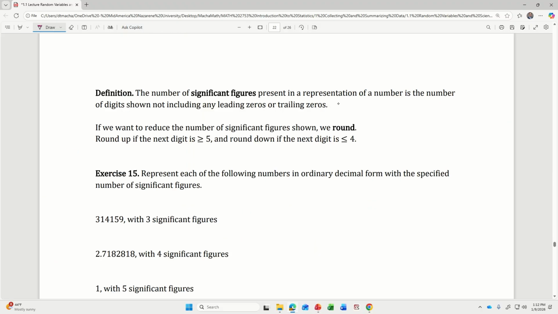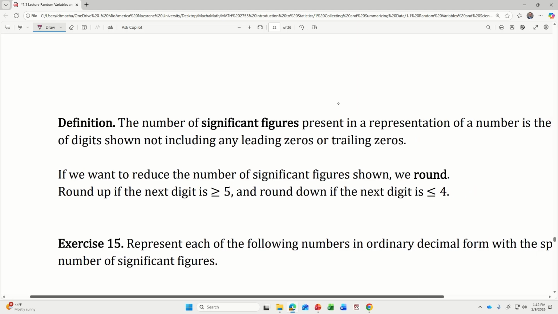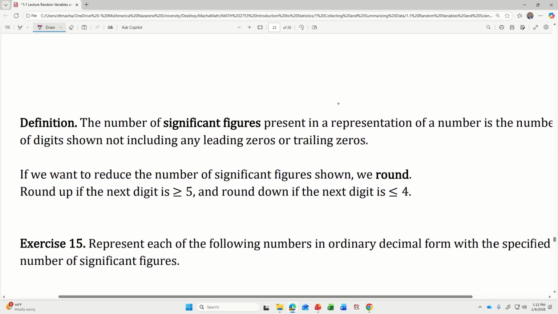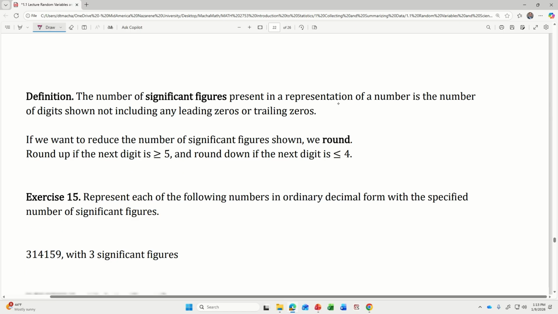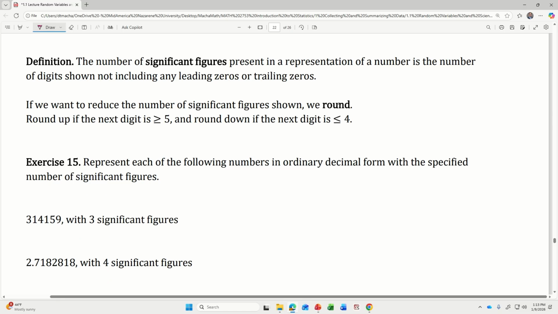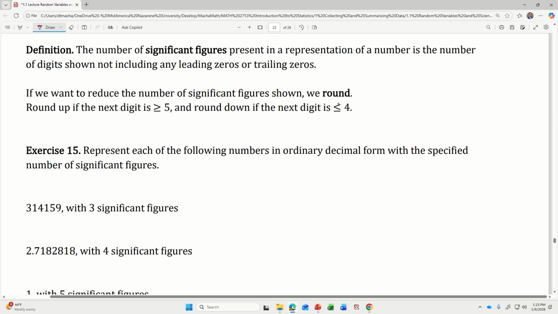Significant figures. Have you guys heard about significant figures before? Yeah? Same group? Everybody who learned scientific notation learned significant figures at the same time? Okay. We'll go over it again really quick. The number of significant figures is the number of digits shown, but not including any leading zeros and not including any trailing zeros.